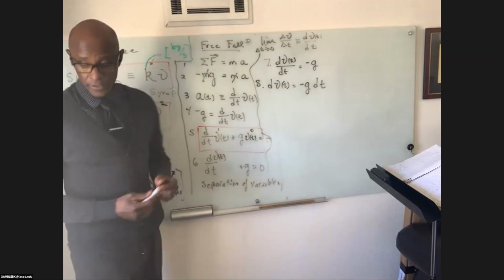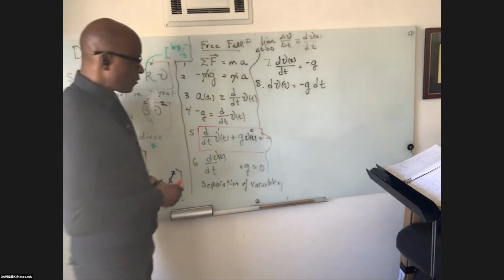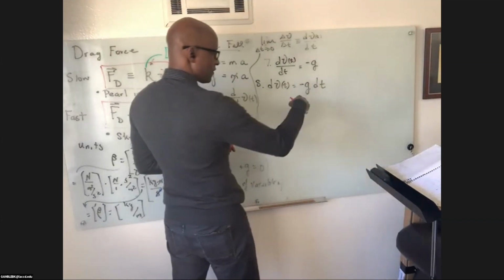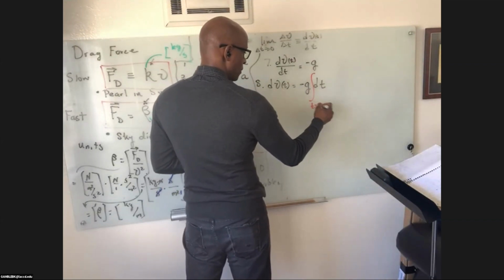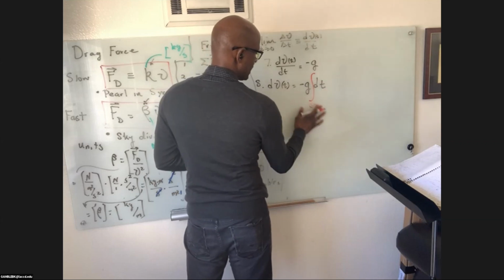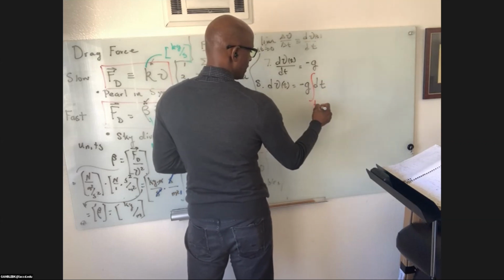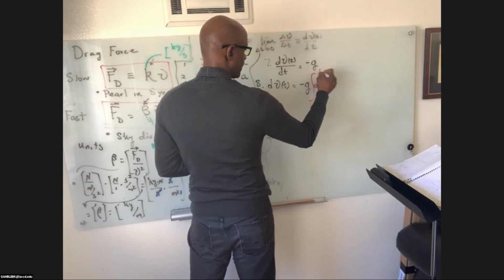Now, what do we do now? Well, now we integrate. We just integrate, right? Here we integrate, and g is outside of the integration because it's a constant, and we integrate from t equals 0, or t naught, which is the time at t equals 0. You can represent that several ways, t naught to t.